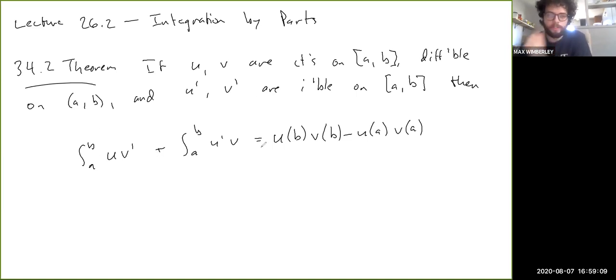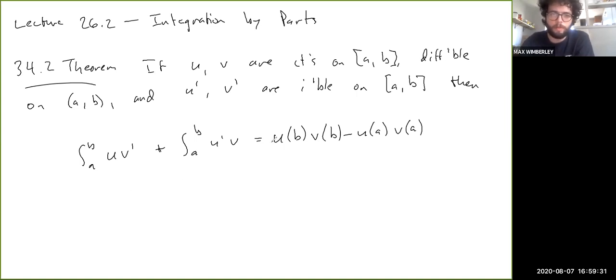And when it's written suggestively like this, it's kind of obvious what the proof is going to be, which is literally just that the derivative of uv is uv' plus u'v. So we can easily recognize the left-hand side as the integral of the derivative of uv and then use the fundamental theorem of calculus. That's basically what happens.